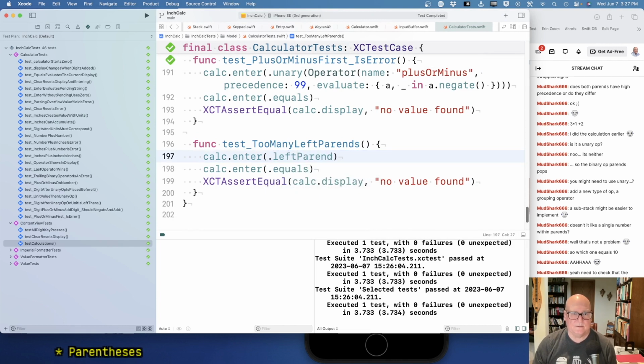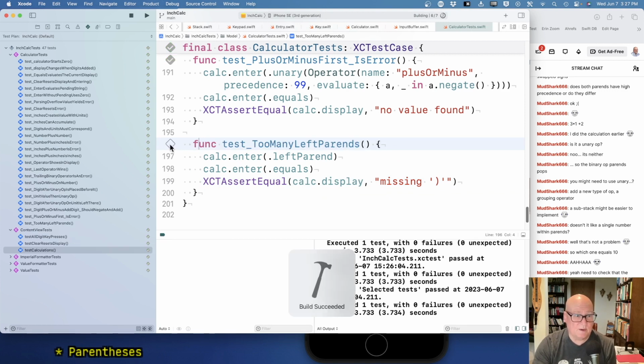Left paren equals, okay, and then the error is missing right parenthesis. Maybe I should just say that. Missing right parenthesis. Okay, this will not fail.